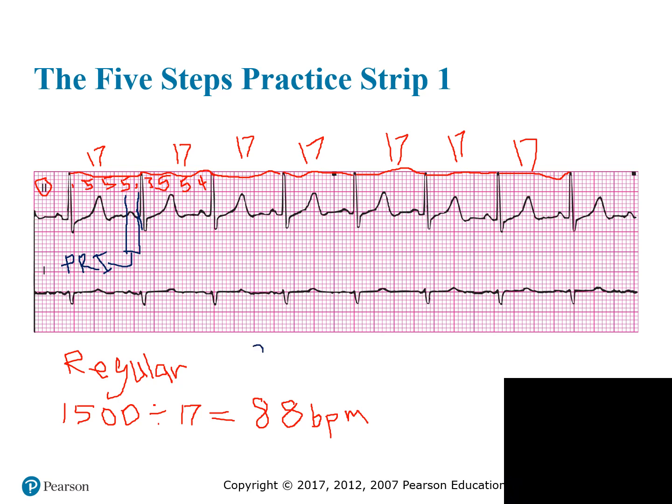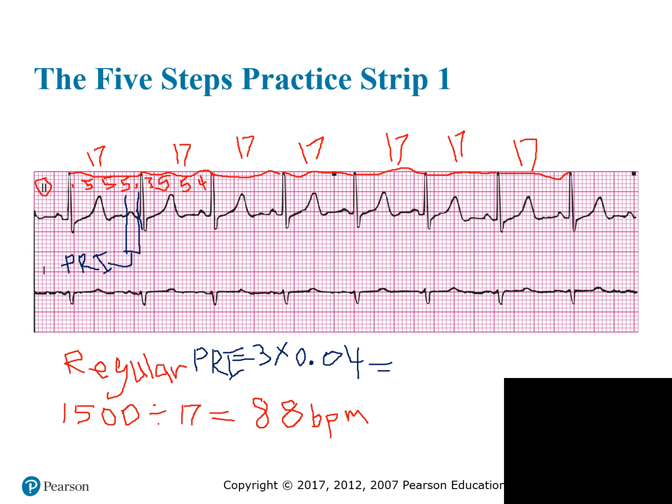So we're going to say 3 times 0.04, and that equals, and this is for our PR interval, or our PRI. So we have 3 little blocks, and we're going to times that by 0.04.